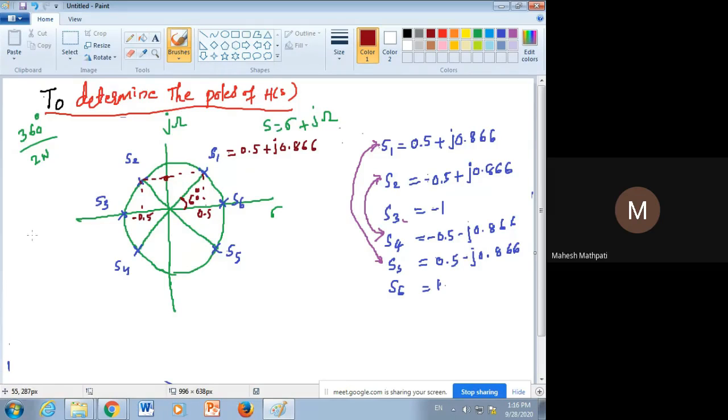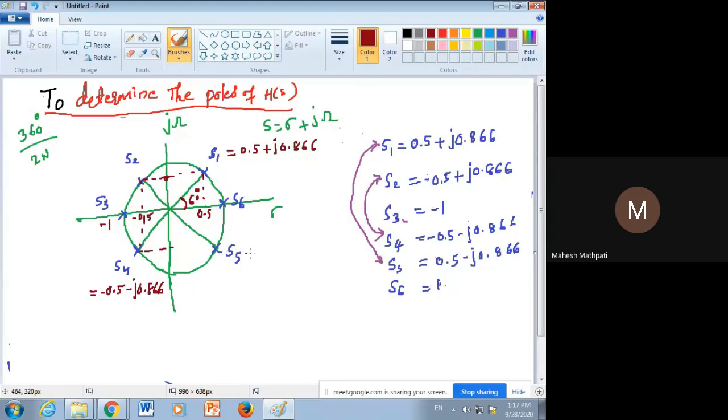ठीक है. Then next, what is S3? S3 का वैल्यू कितना, -1, मतलब यहां पे -1 आएगा. राइट. What about S4? S4 के वैल्यू दोनों नेगेटिव है, तो कहां पे आएगा वो, so this is our S4. So in S4 both are negative, so this is -0.5 minus j 0.866. ठीक है.